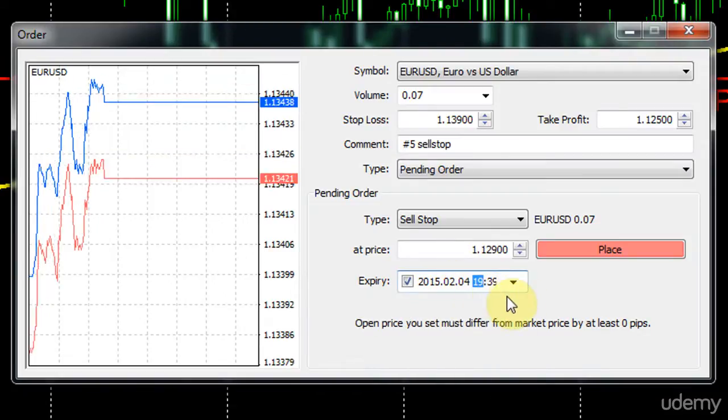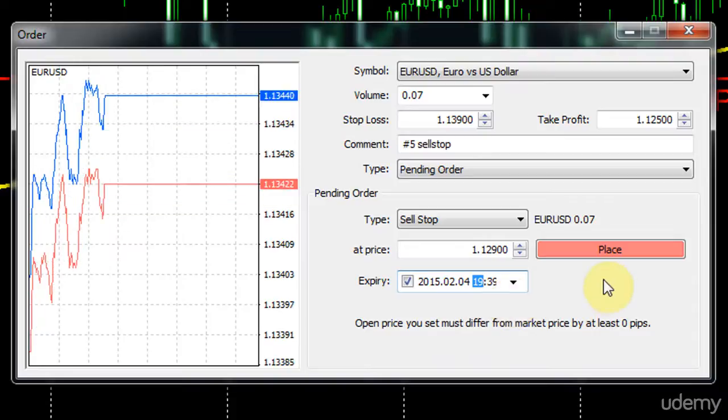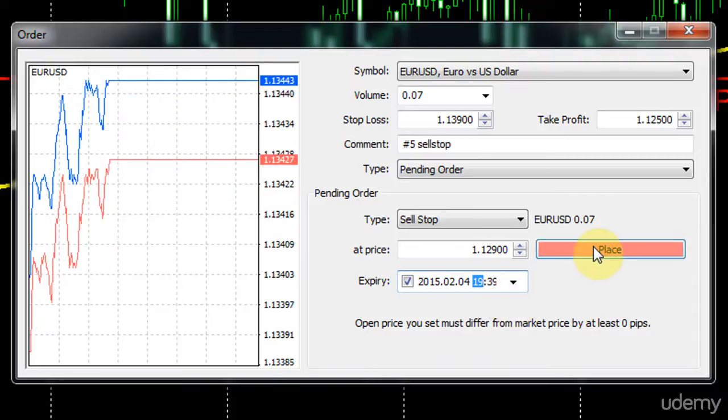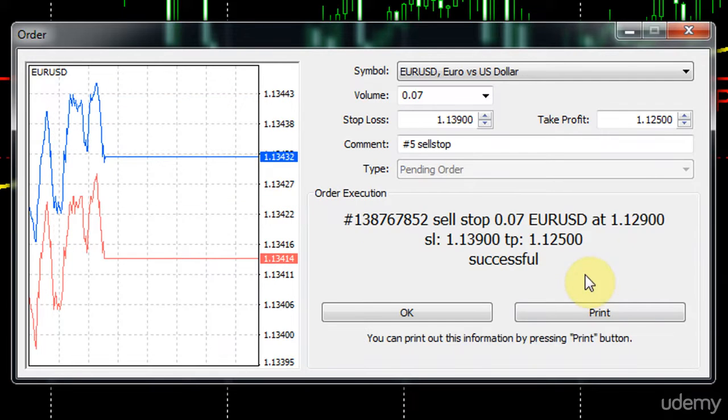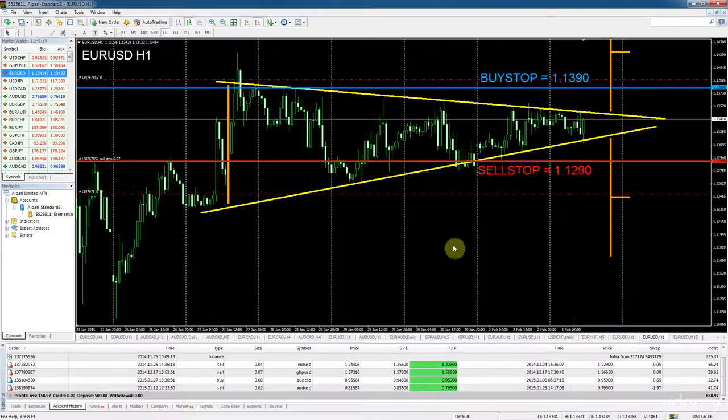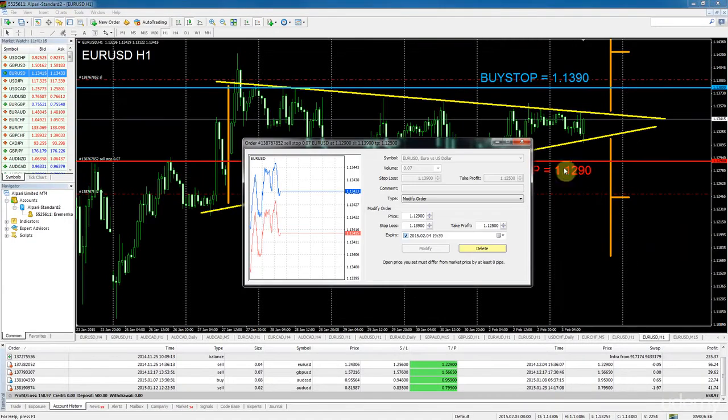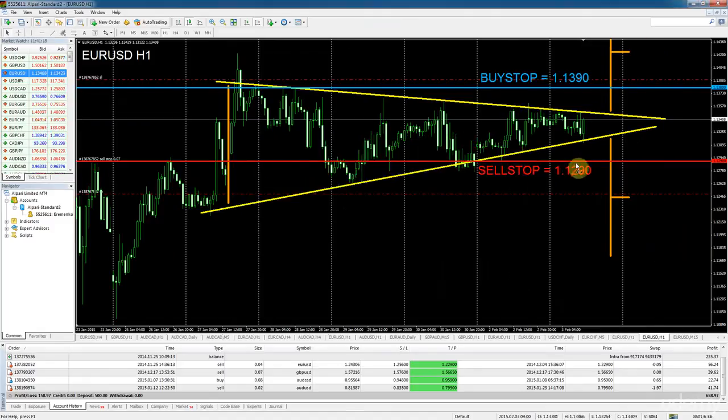Yeah, let's give it just over 1 day. So we'll place that, click place. That's our pending order placed. It's hiding behind our trend line over here.